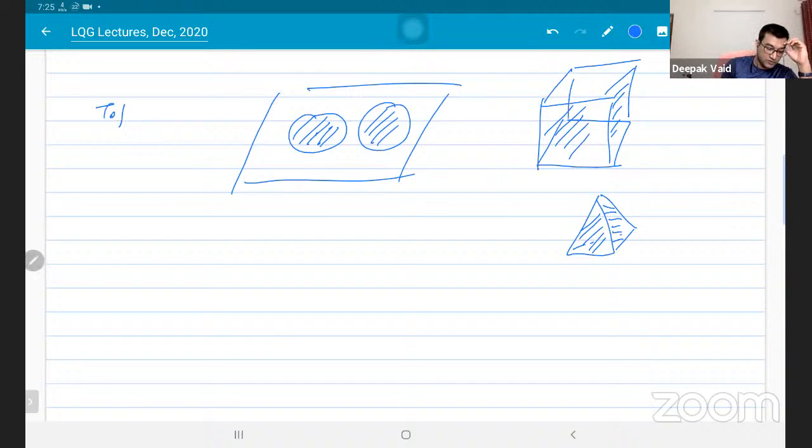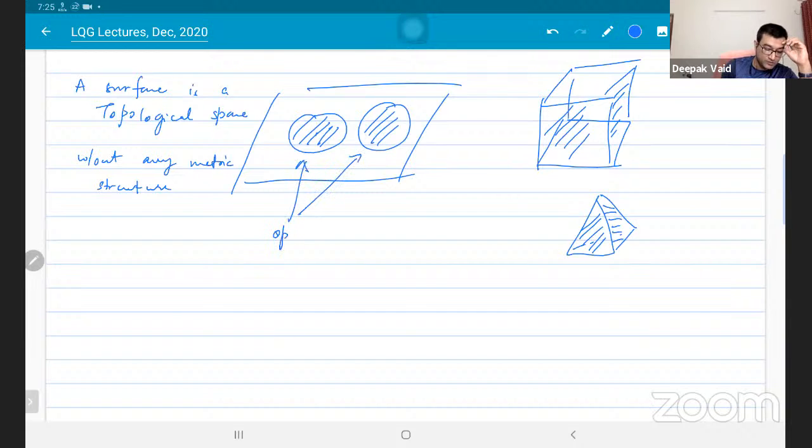Okay, so a topological surface is a topological space without any metric structure, right? So these are open subsets.